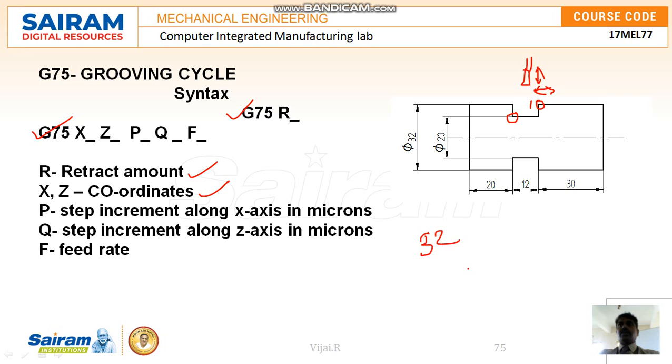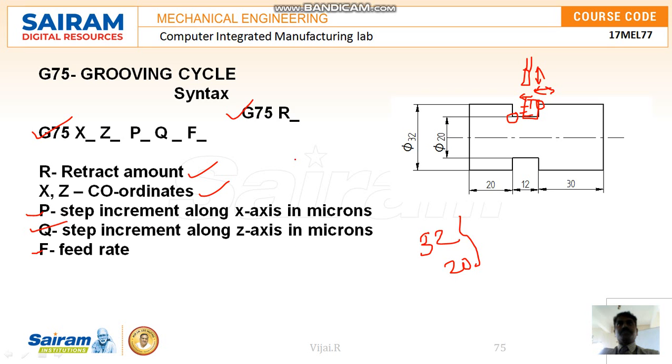So the difference has to be machined by some increment values. The tool cannot enter directly for the full depth, so we make a little increment in the x direction as well as in the z direction. Once this area is completed, we move to the next. Like this it will continue. The feed rate is F.